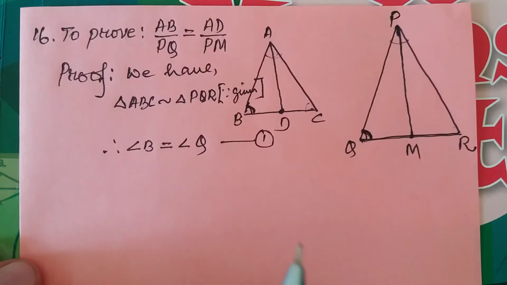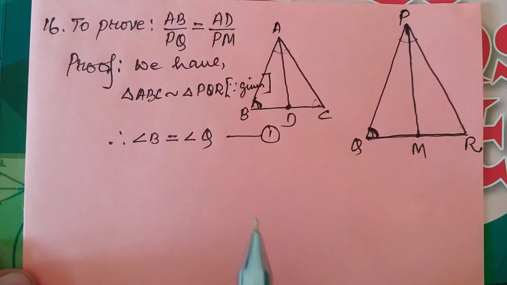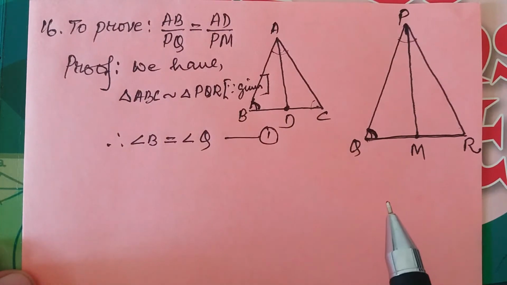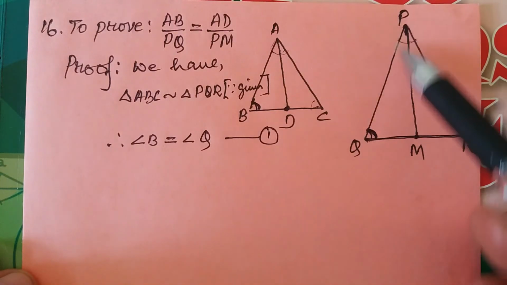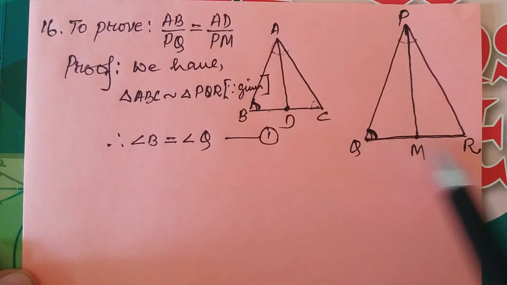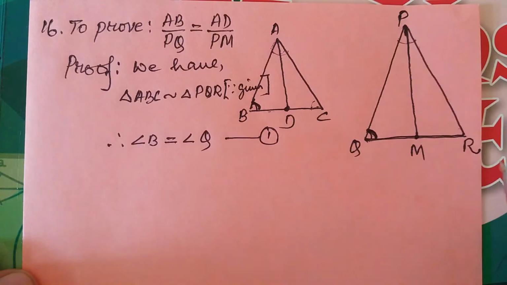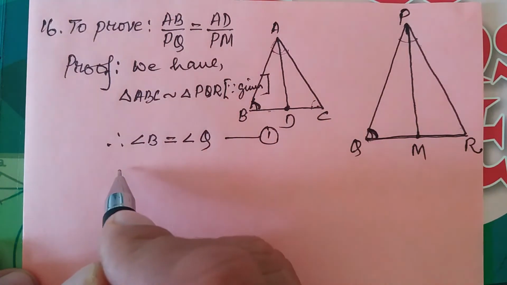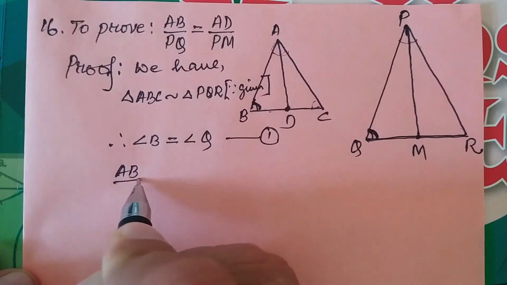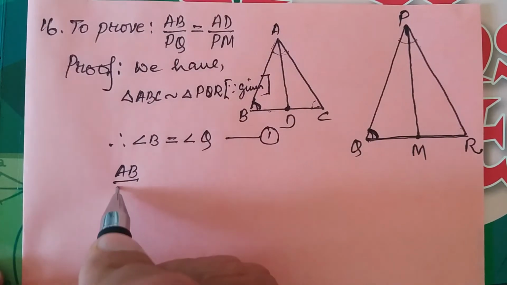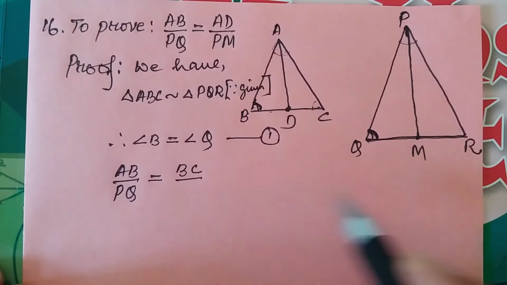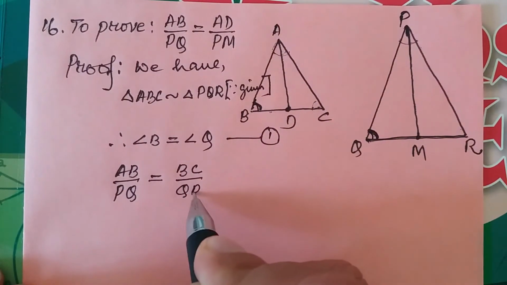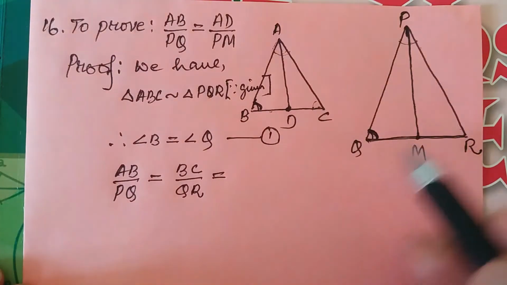And also, when two triangles are similar, the corresponding sides are proportional. That is, the ratio of the corresponding sides are equal. So AB by PQ will be equal to BC by QR equal to AC by PR.